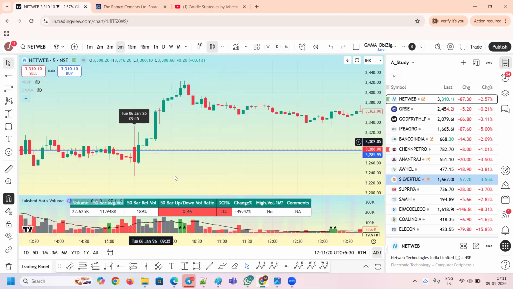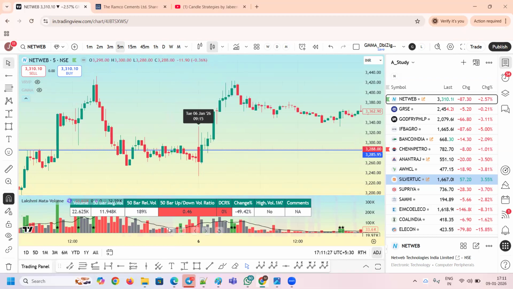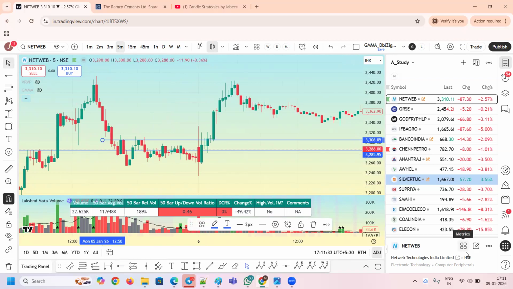Here it confirms that the trend may be up. See, here it is struggling a lot because here if you draw the previous day line, once it closes above that, you can enter. Got it?